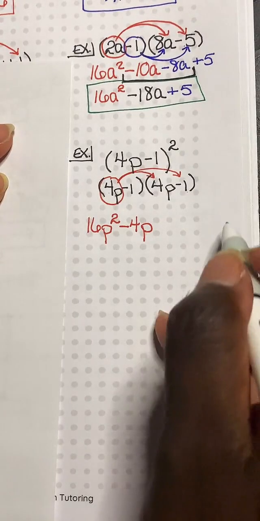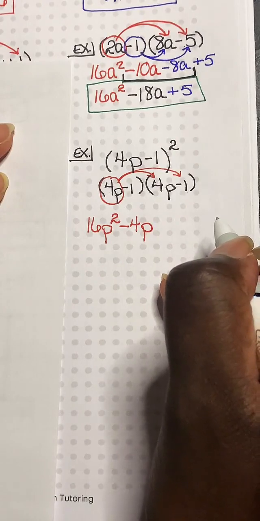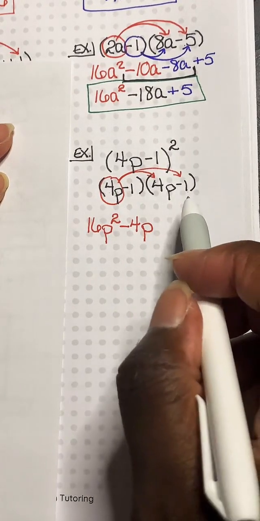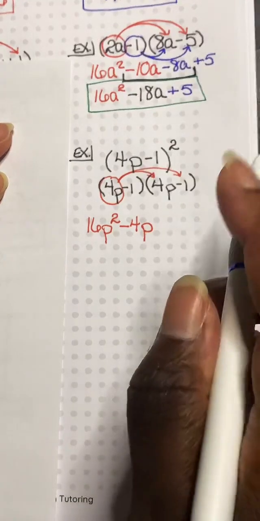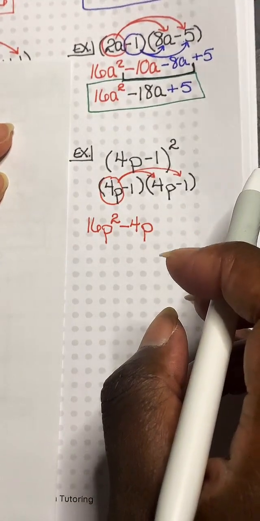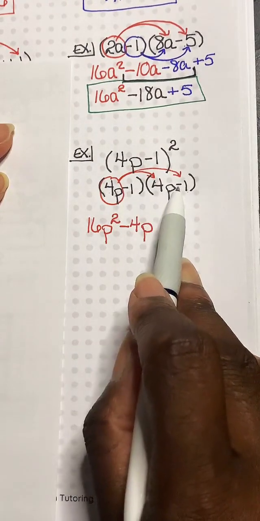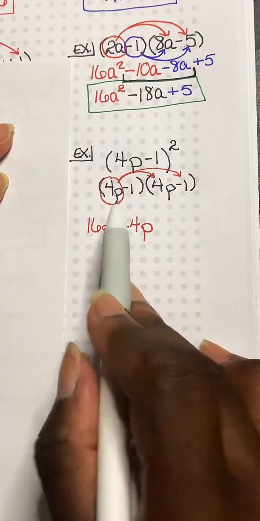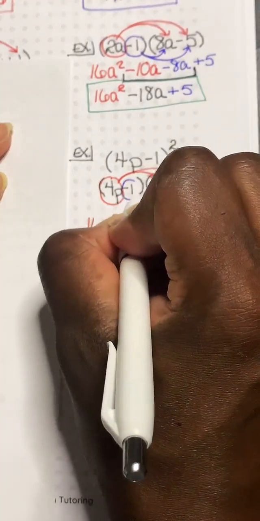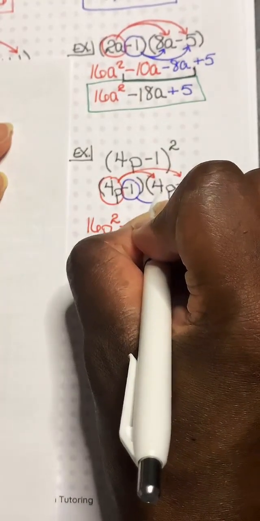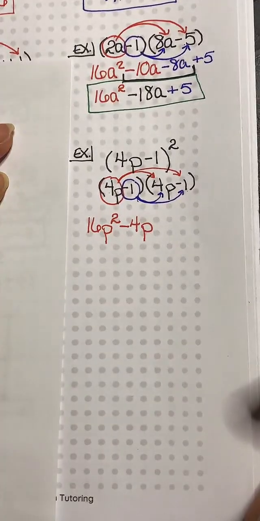There you go, Riley. They would cancel each other out if one was positive and one was negative, so thank you for saying that. But right now, they're both negative. They're both the same sign, so they won't cancel out. Now we're going to take our -1 and distribute it to everything inside of that parenthesis.